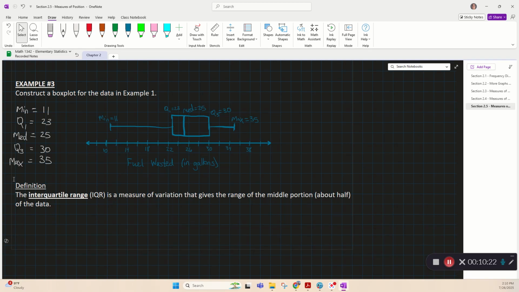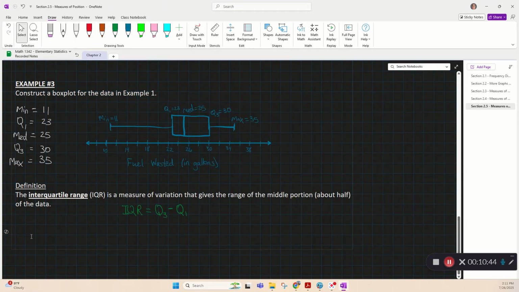And so, simply put, the IQR is equal to Q3 minus Q1. That's all the IQR is, Q3 minus Q1.